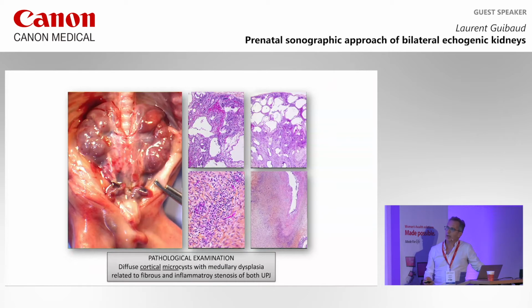In fact, there was a pathological examination because the parents asked for termination, and there is diffuse cortical microcyst and dysplasia of the medullary. These cortical microcysts, when they are at the external part of the kidney, are most of the time related to obstruction, and it was a fibrous and inflammatory disease of the UPJ. So sometimes it can be difficult, and in that case, it was.